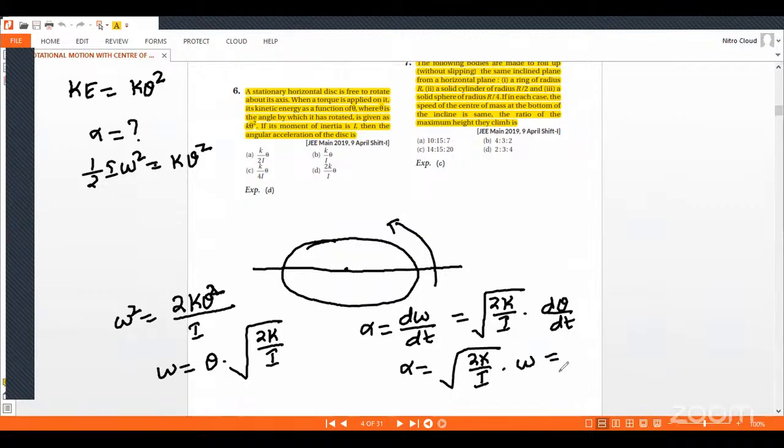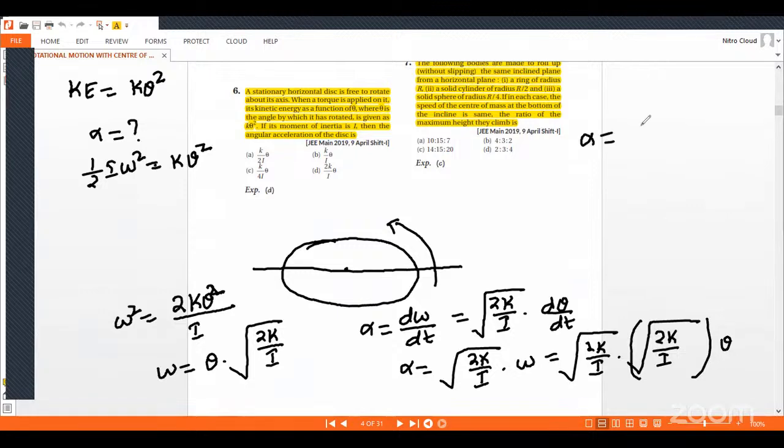That is under root 2k by I into omega means under root 2k by I into theta. So alpha equal to 2k by I times theta. Okay? That is option D. Is it fine? Yes, sir.